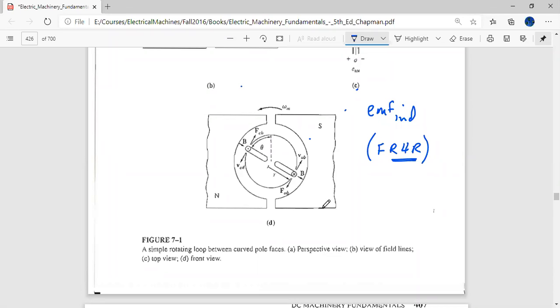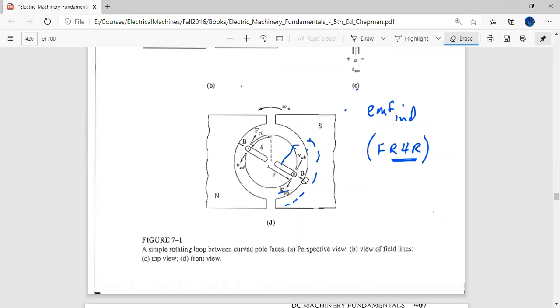So if you align the thumb in this direction of the velocity VAB and you assign the first finger in the direction of B, I'm talking about this part of the diagram, you can see that the second finger will be pointing into the page. So this is what we get here, that the induced current is going inside, and we apply the same right hand rule over here, then the induced current comes out of the page.